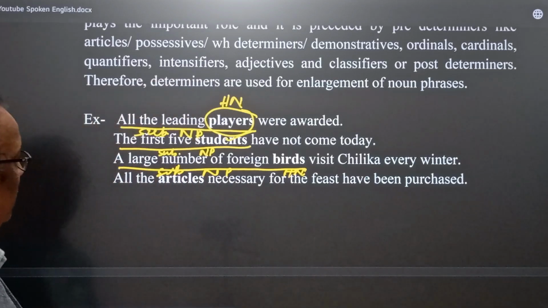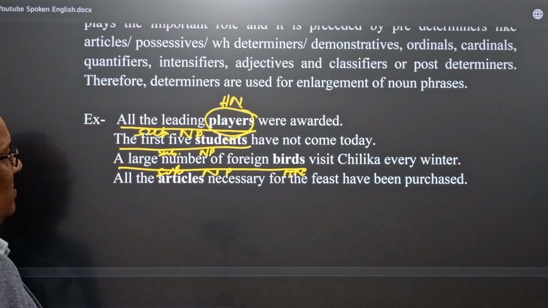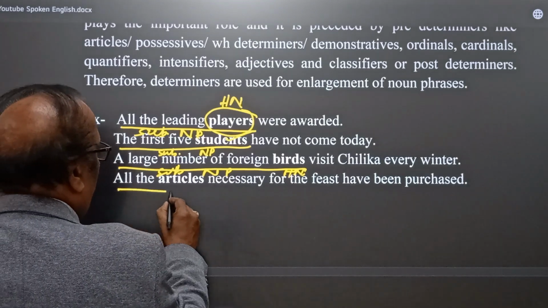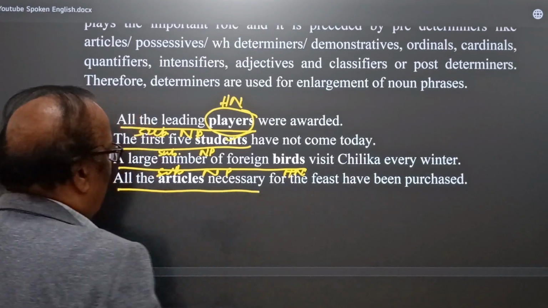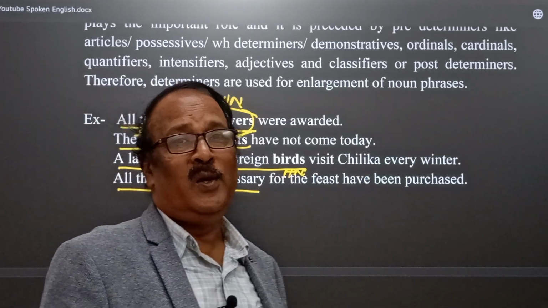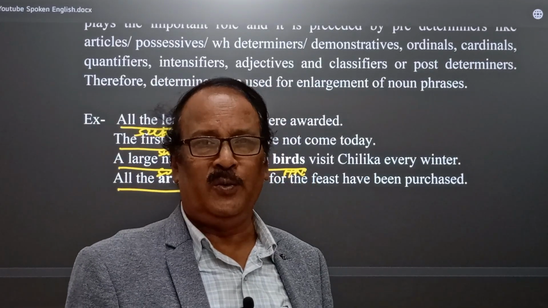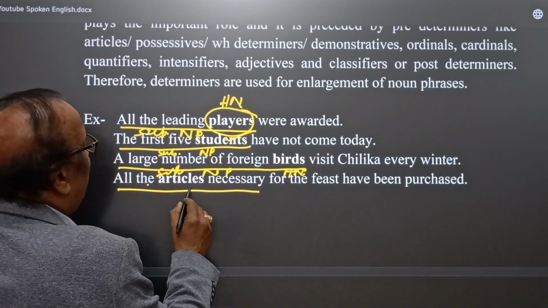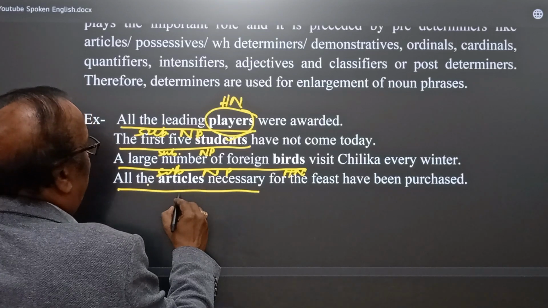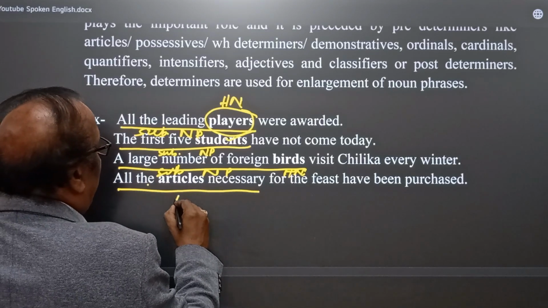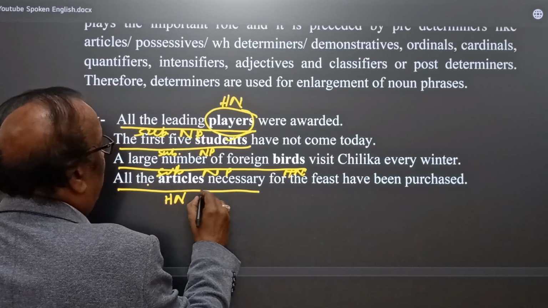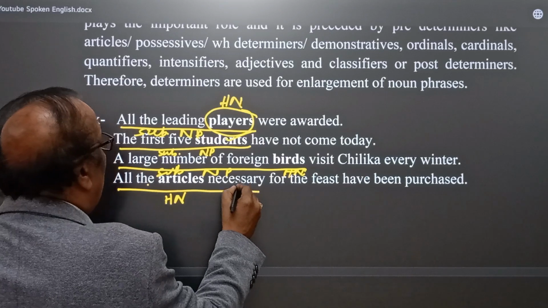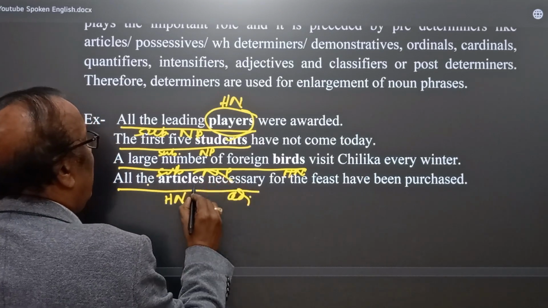Here we find the matter: a large number of foreign birds visit Silica every winter. Again, all the articles necessary for the feast. Here 'all' is a predeterminer, 'the' the article, 'articles' the head noun, and 'necessary' is the adjective qualifying the noun it follows.